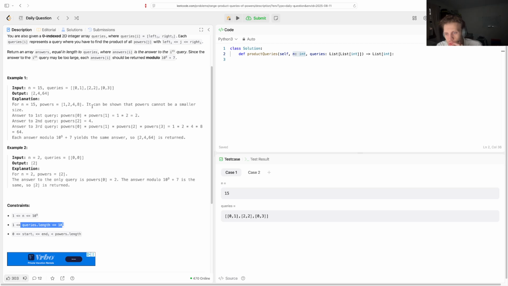Essentially what we could do is have it such that for each query, since the len of powers is only going to be 30 values, we could just take that and then multiply them all together.